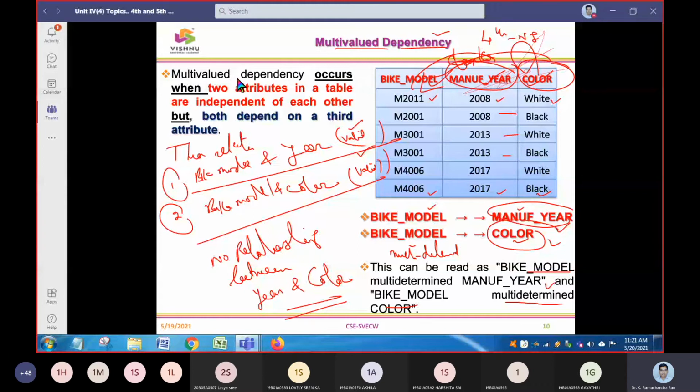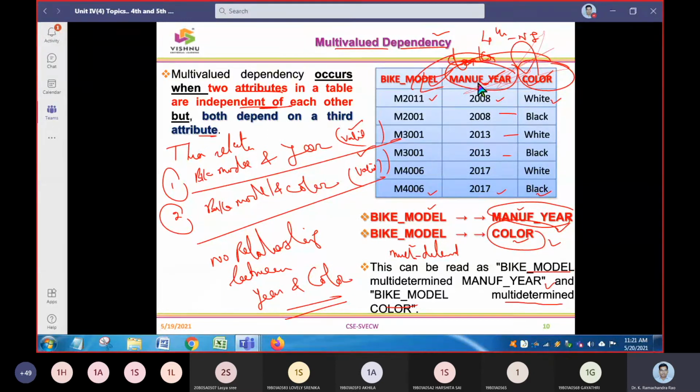So that is the definition we are going to give here. Multi-valued dependencies occur between two attributes in a table that are independent of each other, but both dependent on a third attribute.